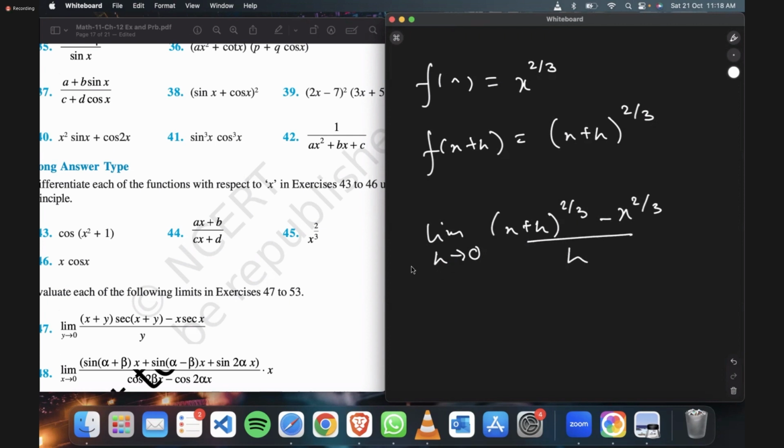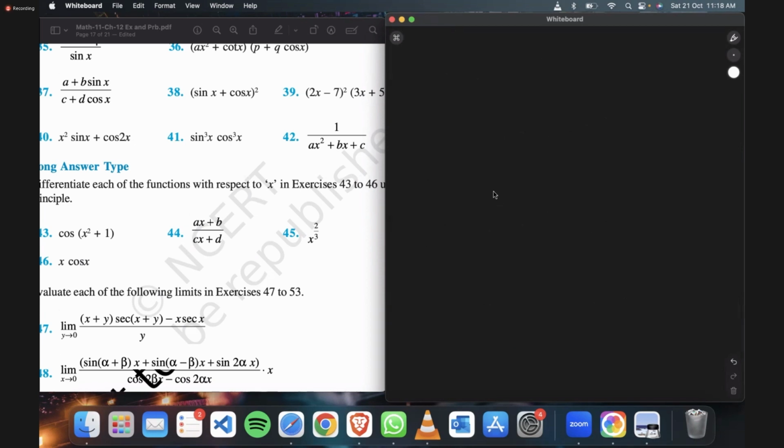I can do a binomial expansion here. On doing a binomial expansion, I can write this as x raised to the power 2 by 3 plus 2 by 3 times x raised to the power 2 by 3 minus 1, times h, plus h square terms, and further the whole divided by h. In the end, we have minus x to the power 2 by 3 also.